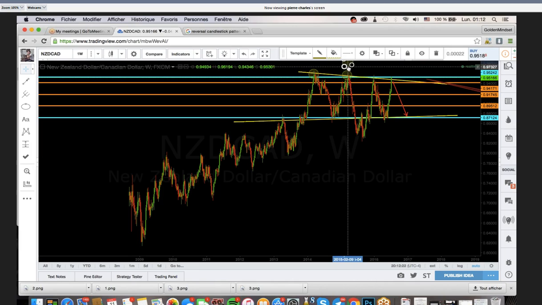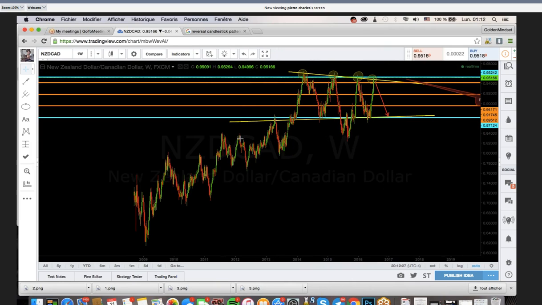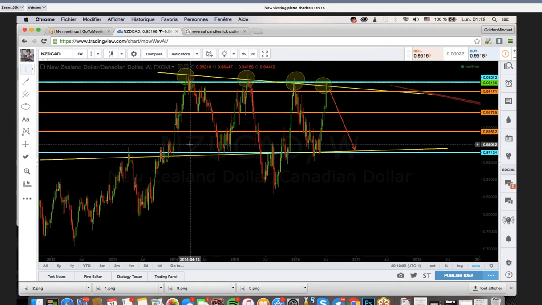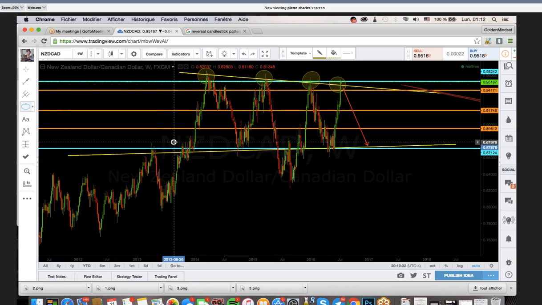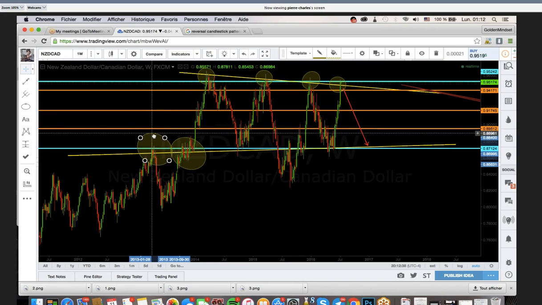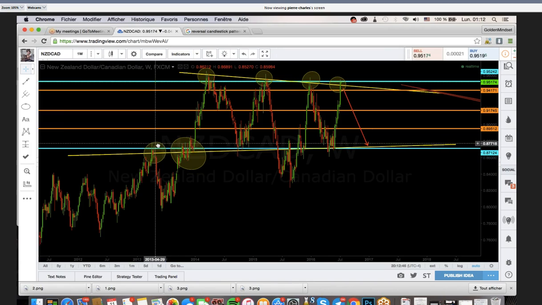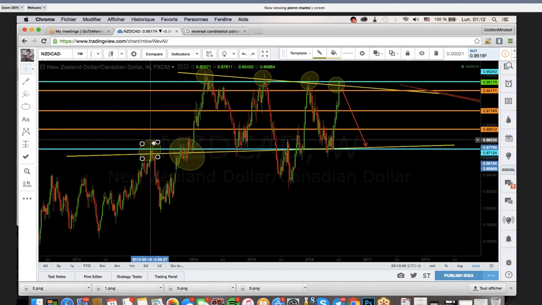Well, three. And 4. If we look down, look at this crazy level there. Look how it got stuck over there. And 1 touch. Like I told you before, trend lines are the same thing as resistance and support levels.